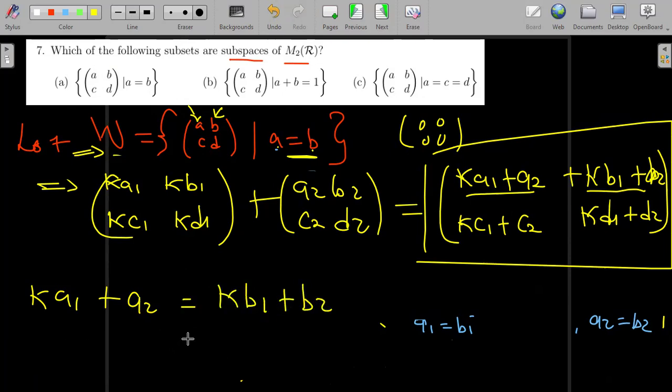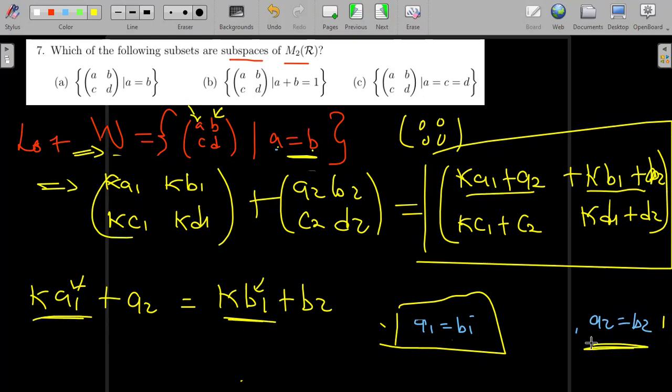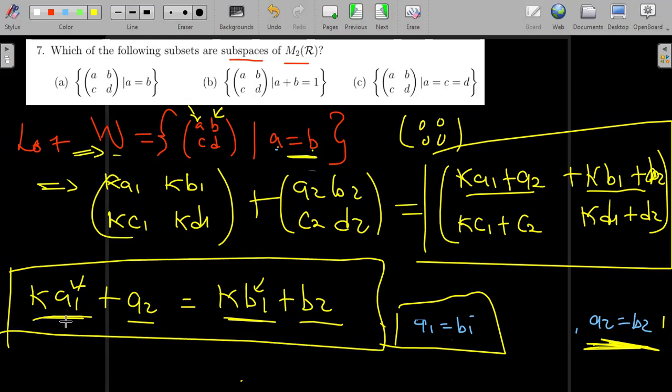So this is true. Why? Because what I have here and what I have there is the same. Remember, A1 is equal to B1, so these two are equal, and they are being multiplied by K. So this expression is equal. And on the other side, A2 is equal to B2. So it means the right and the left are equal.